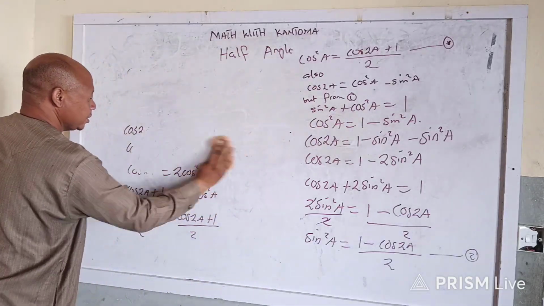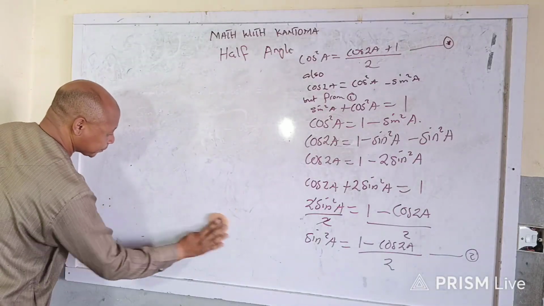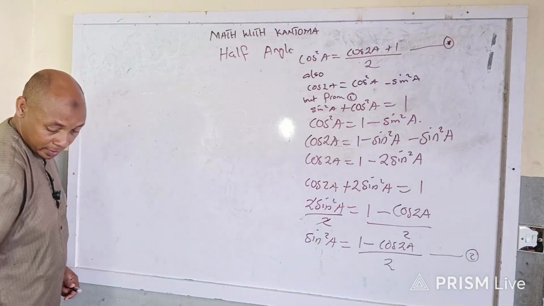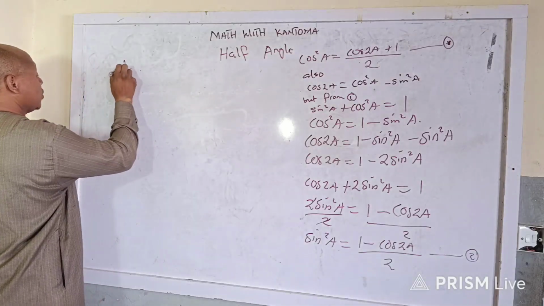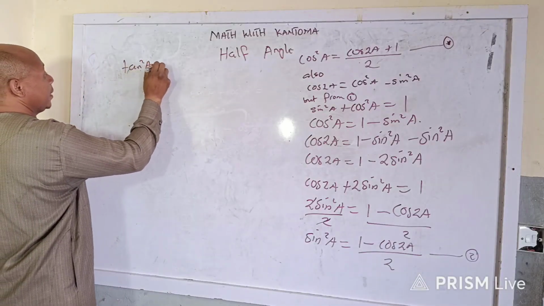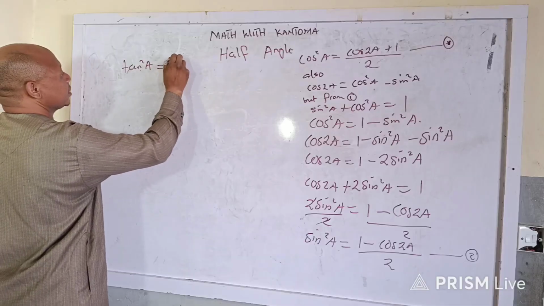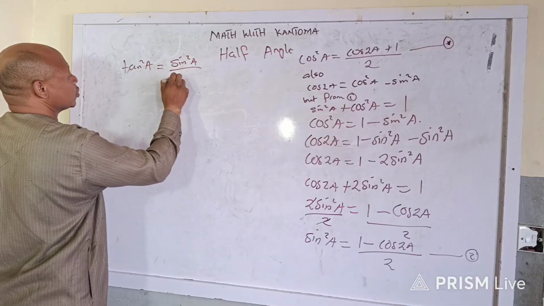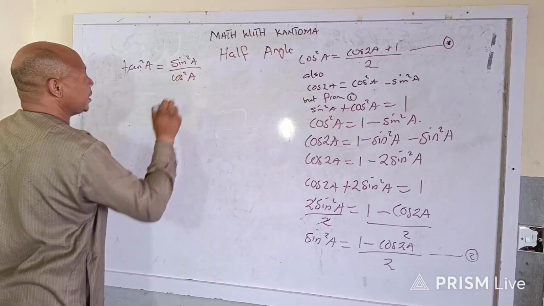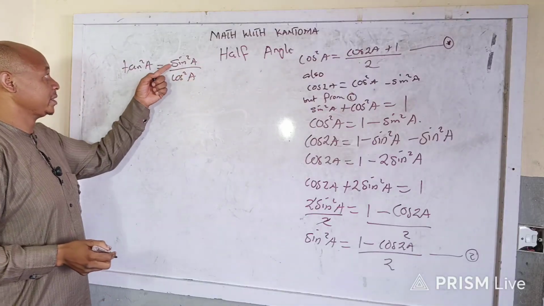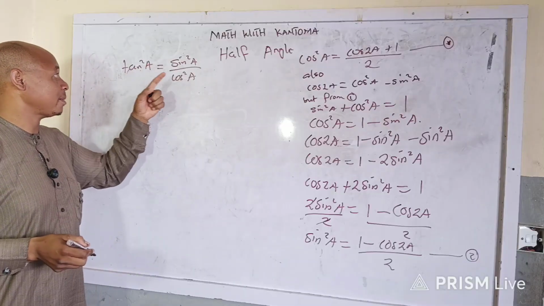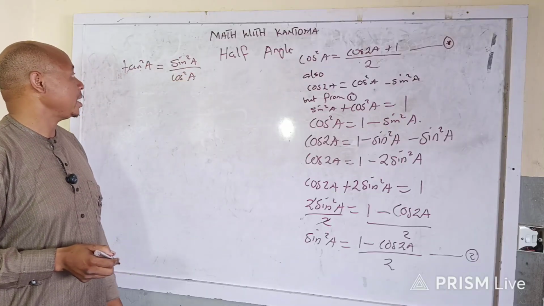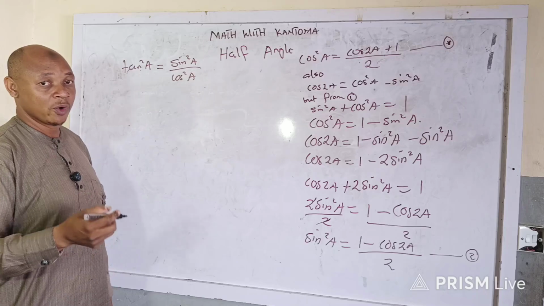For the tangent, we'll say tan square A is the same thing as sine square A over cos square A. By definition, we say tan is sine theta over cos theta in our last class. So we are denoting theta by A. So we have tan A is equal to sine A over cos A.